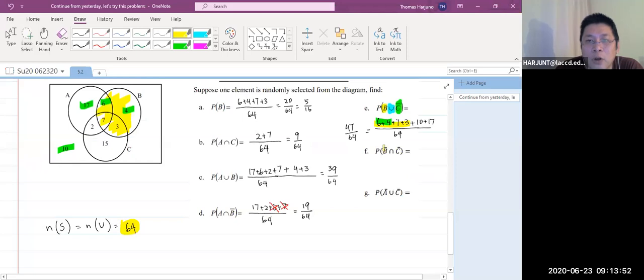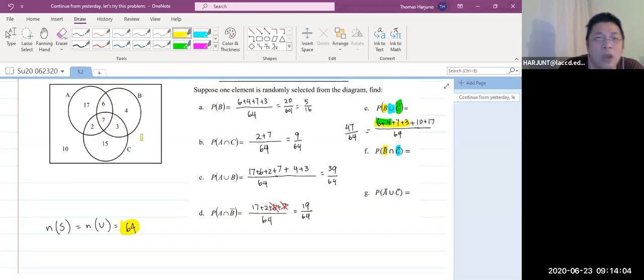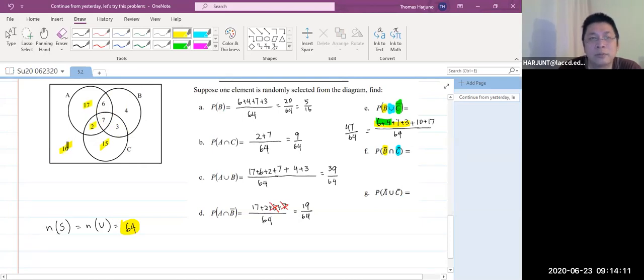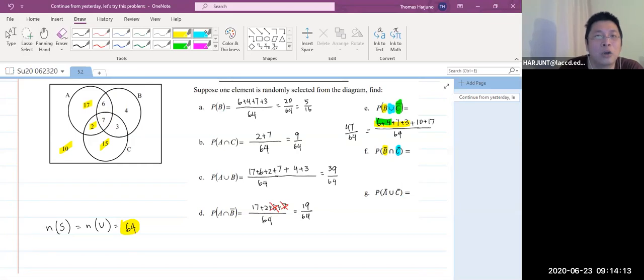Part F, not B and not C. It means it has to be 2 colors. Not B refers to this guy, this guy, this guy, this guy. And not C refers to this guy, this guy, this guy, this guy.